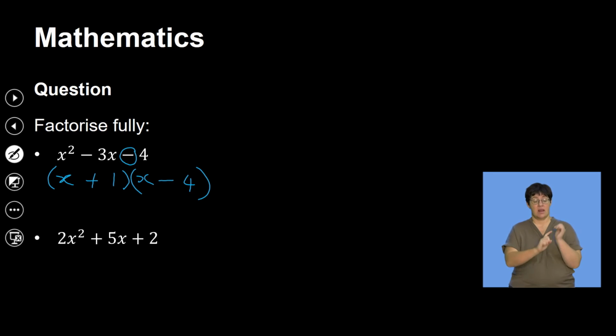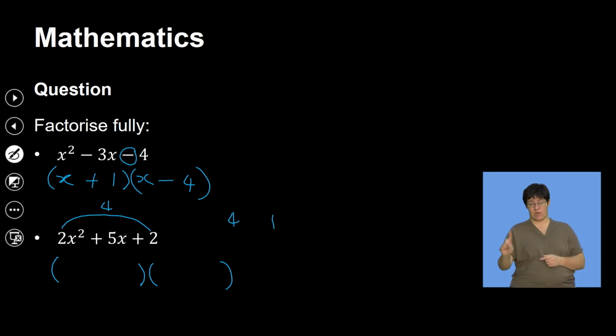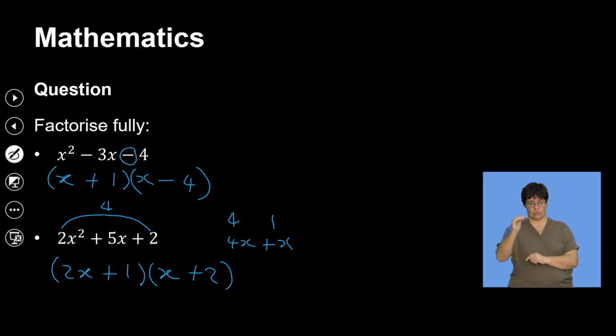The last one here, remember with this one, you multiply these two, right? They give you 4. The factors of 4 will be 4 and 1 to give you the 5, right? So meaning here it is the same as 4x plus x, right? So that's how you can find what the factors are. But that will just be 2x plus 1, and this will be x plus 2, and it will give you the same answer.